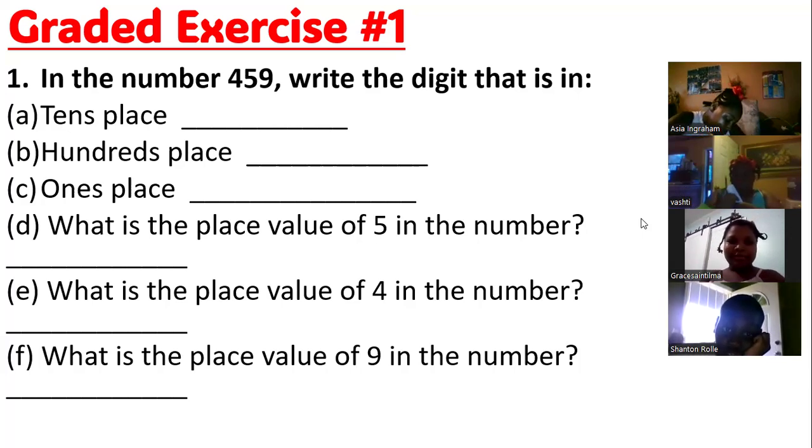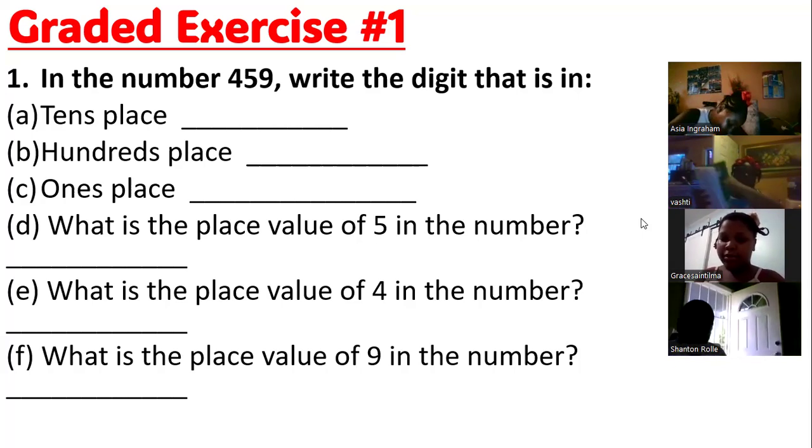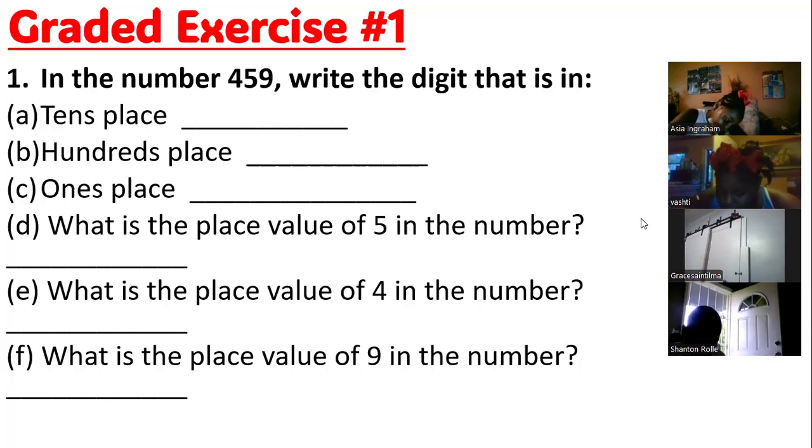Where's Shanton? I'm here. You on the first one or the second one? The second one. Okay. What number? B. 2B? Yes, sir. Okay, how about you, Vashti? I'm going on number 2. On number 2, okay, that's good.